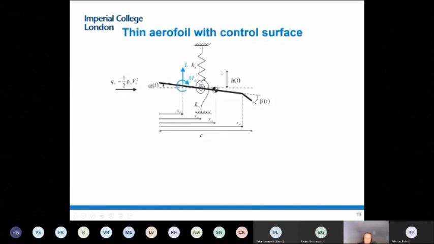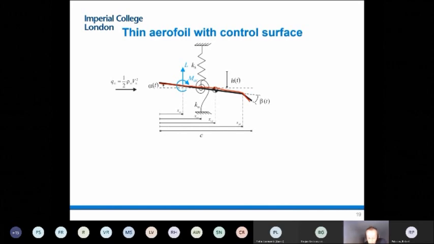I'm going to spend a bit of time now on these problems, so I will describe it a bit. So I took the previous airfoil. Now I'm making my airfoils very thin, and there is a reason for it, which is it gives me a very simple aerodynamic theory. So this black line here is going to be an airfoil which is so thin that I can see just a line in space. I put in a flap, so I want to deal with control issues associated with it.